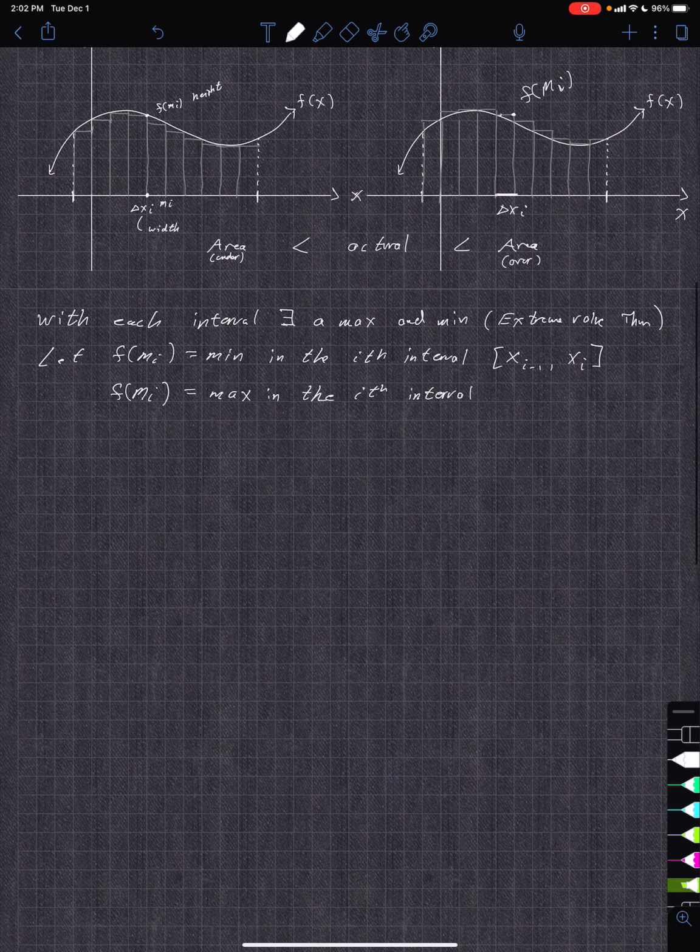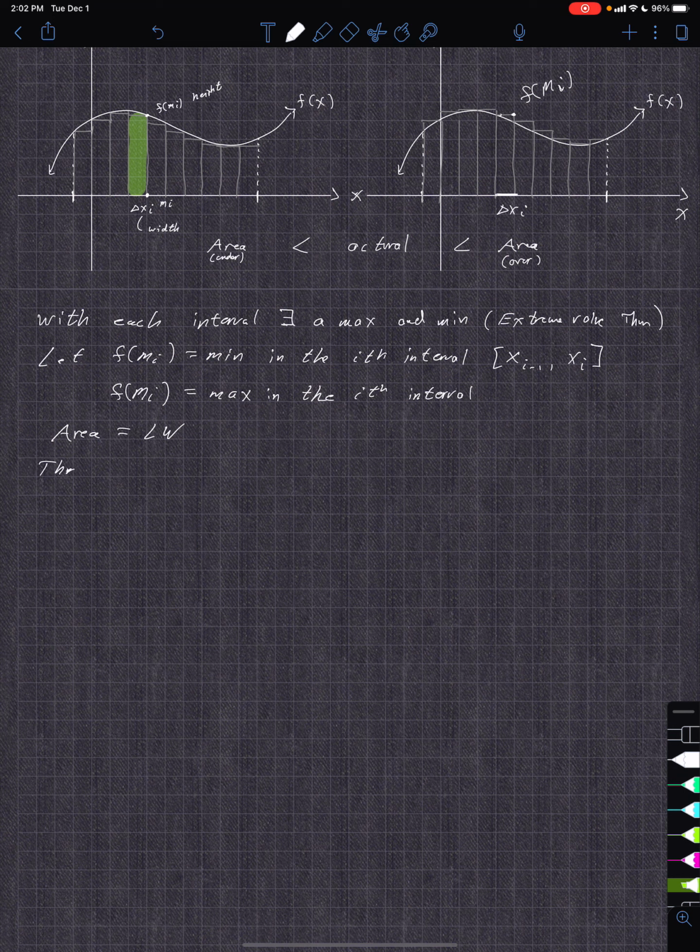So the area of one of those rectangles is length times width. So this area here is length times width. And so we basically have the smaller area on the left, larger area on the right. And then there's a theorem.